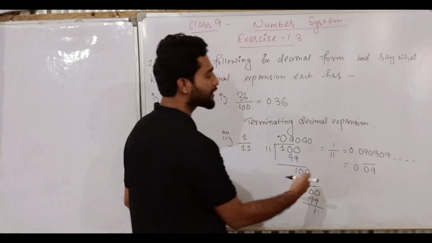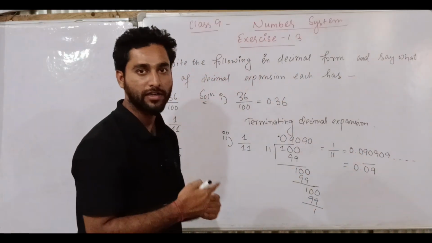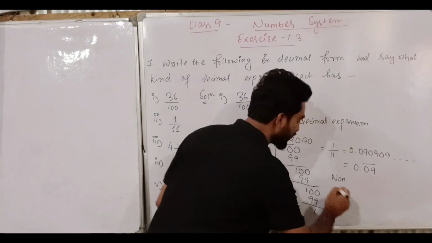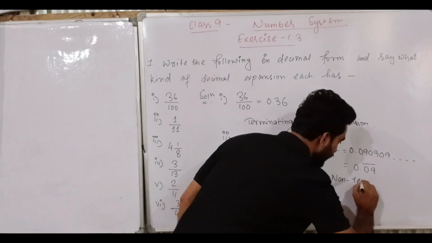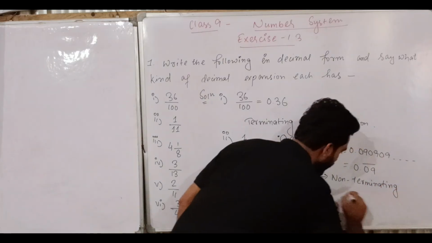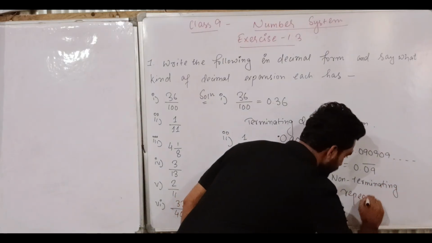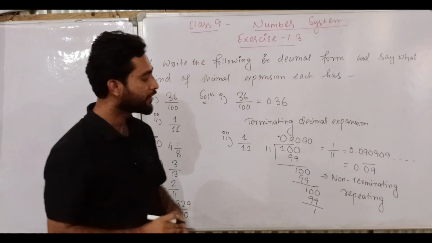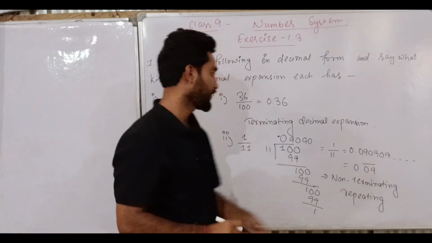So this kind of decimal expansion is called non-terminating repeating. So what kind of decimal expansion it is? Non-terminating repeating. Or we can say that non-terminating recurring.